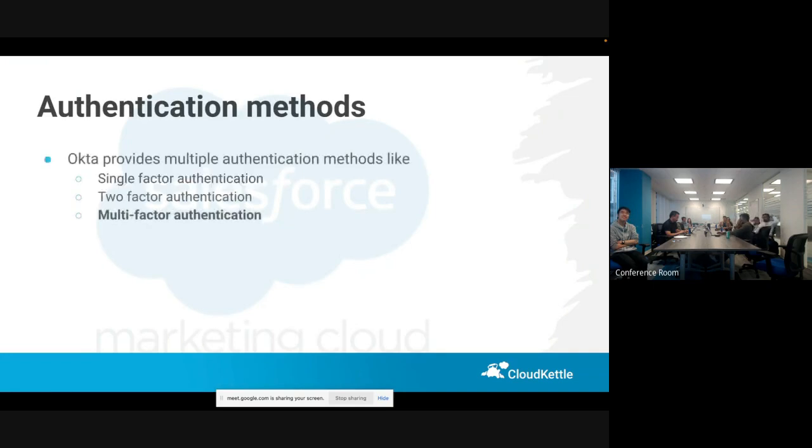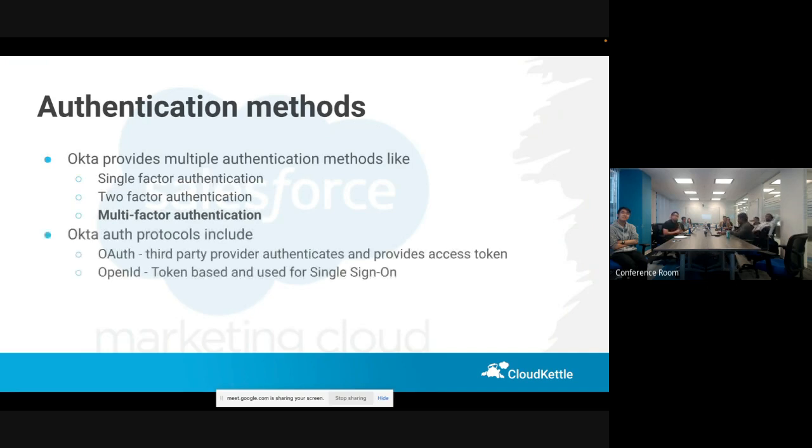Okta basically provides single factor, two factor, and multi-factor authentication, and multi-factor is the one that we are using. The methods of authentication protocols are very different. There are like four different protocols that are used, such as OAuth and OpenID, and the current implementation that we're going to look at uses OpenID.